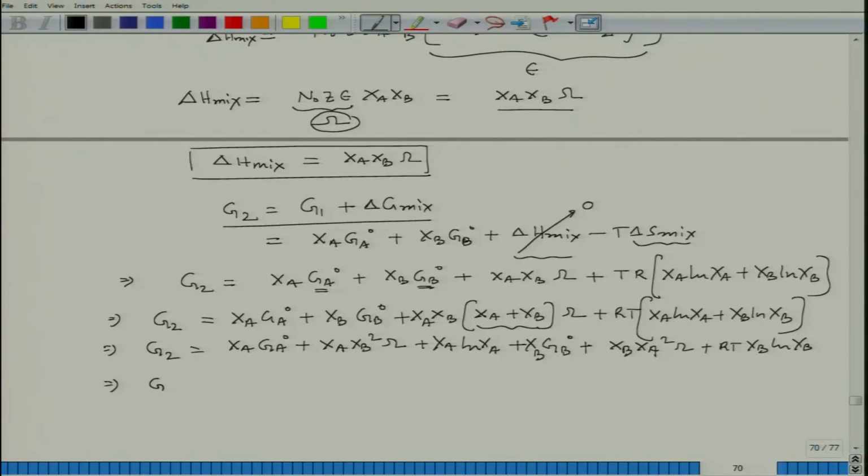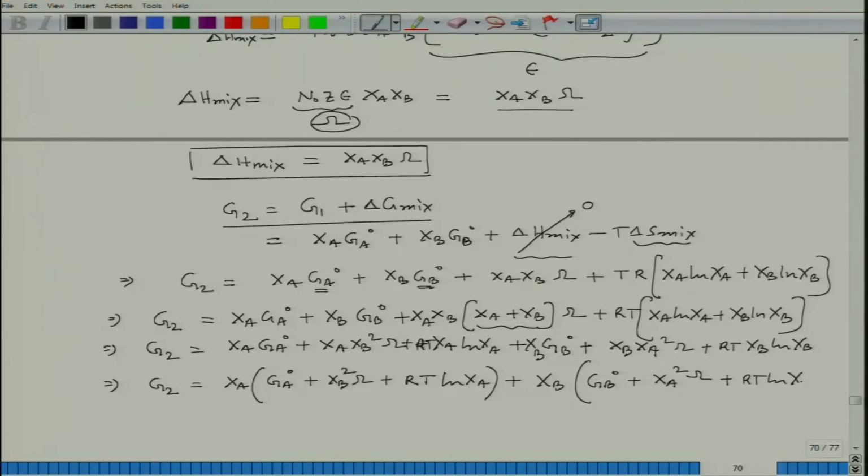So, I can write G2 equal to X_A (G_A^0 plus omega X_B square, sorry, I just missed one R T term here, plus R T ln X_A) plus X_B (G_B^0 plus omega X_A square plus R T ln X_B).